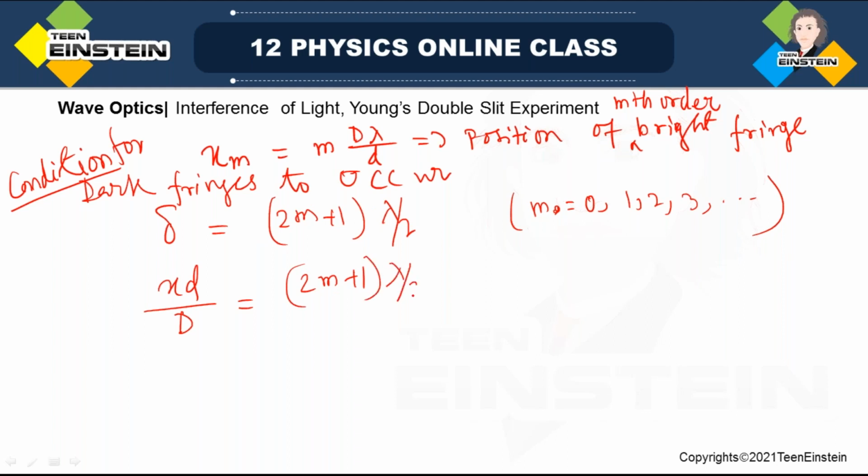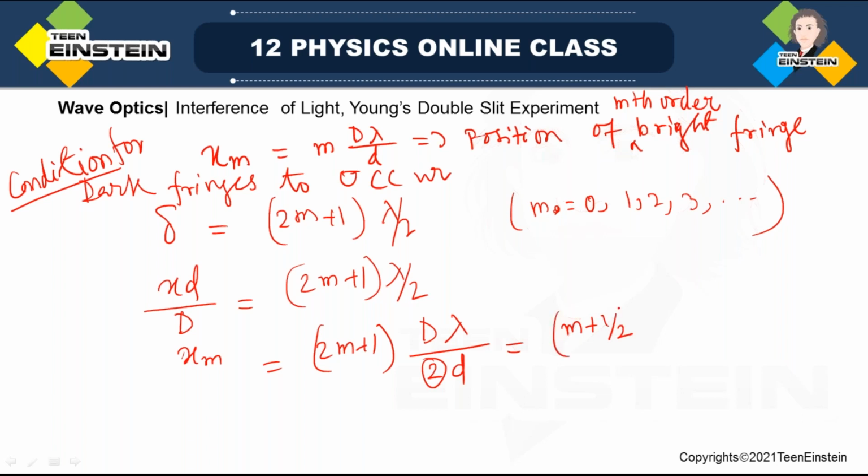Not for this particular fringe. So look here, if I write xm, here also you will get 2m plus 1 into D lambda by 2 into small d. Now, if I divide the whole expression by 2, then what I get is m plus half into D into lambda divided by small d.